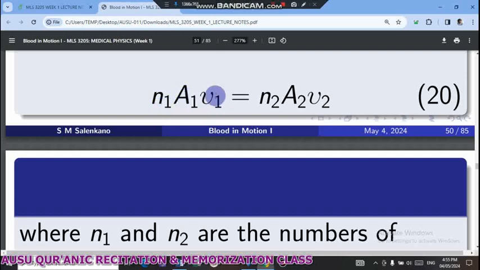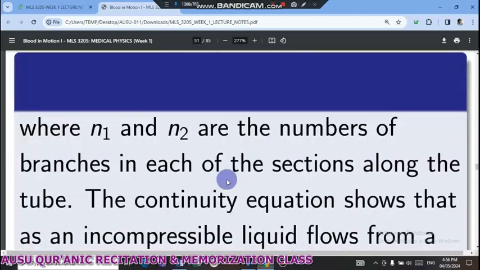You see my A1 V1 = A2 V2 is still the same. I only added N1 here and N2 here, meaning I have the number of branches that I have in region 1, and this is the number of branches that I have in region 2, where N1 and N2 are the numbers of branches in each of the sections along the tube.